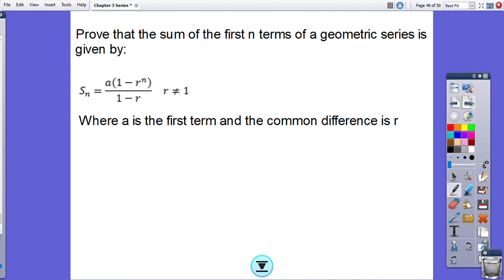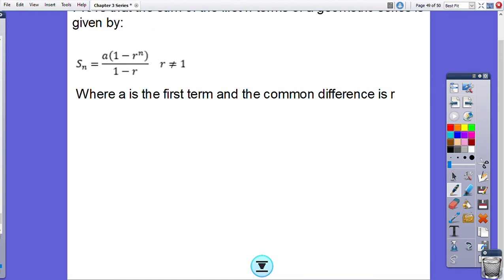Obviously r can't be equal to 1 because you'd be dividing by 0, which causes a whole manner of problems. There's a slight bit where, depending on which way you choose to go, it lets you pull out one or the other formula. It's very easy to do the other version of the formula, and I will show you what I mean when that happens.